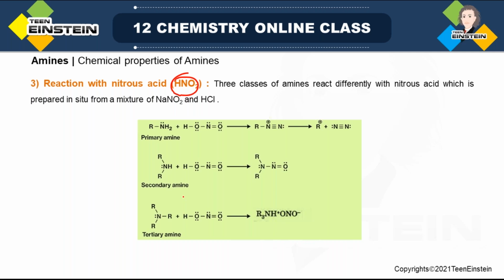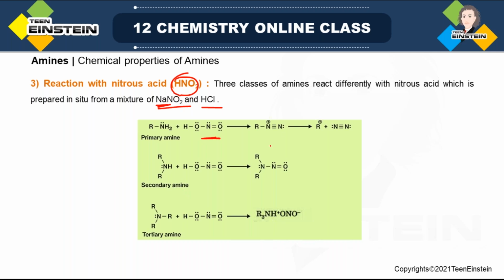So to make this in the reaction medium, we take sodium nitrite and HCl. So when you mix these two reagents, HNO2 is produced in situ. How is it produced? This Na is replaced by H. So now it is HNO2. This HNO2 you can write in this way, HO single bond N double bond O.